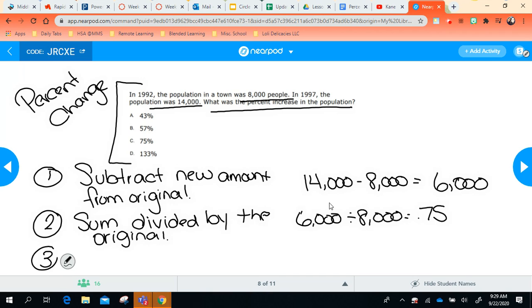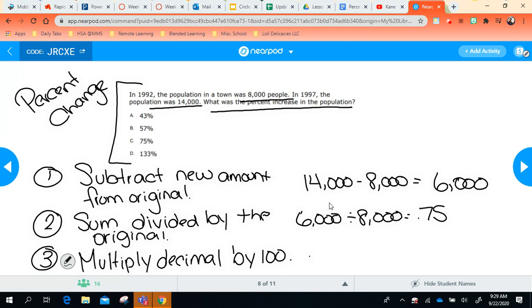And our final step is to multiply the decimal by 100.